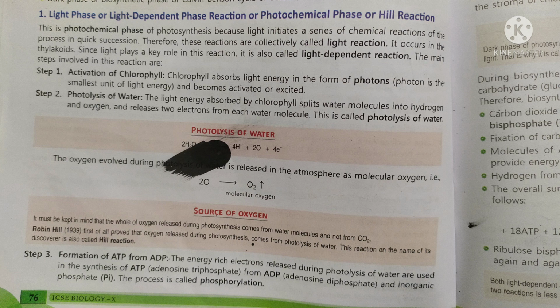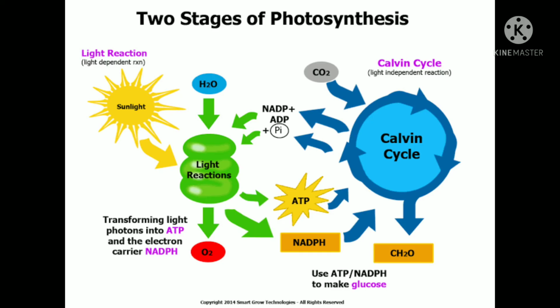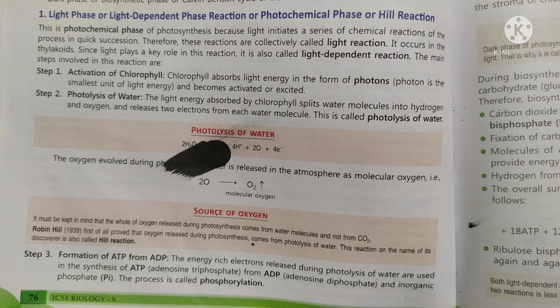So photolysis of water takes place in the presence of light and with the help of the energized chlorophyll molecule. Two molecules of water split into 4 H+ ions, 2 atoms of oxygen and 4 electrons. The 2 atoms of oxygen are further released into the atmosphere as molecular oxygen.